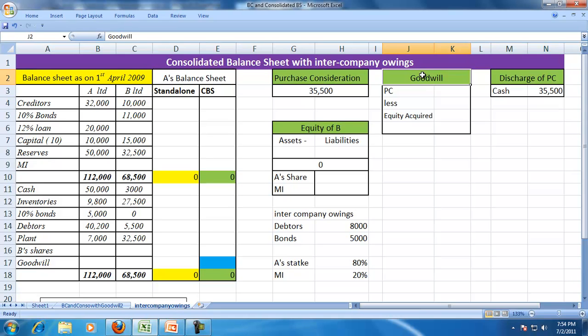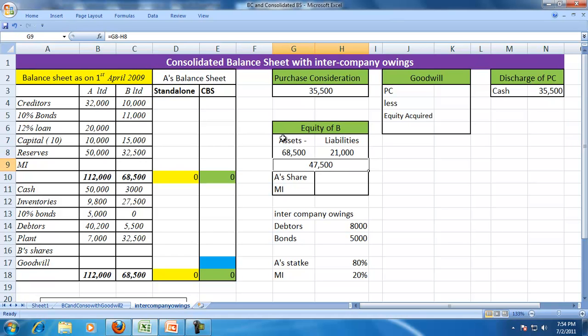But to find goodwill, we need to find the equity of B, and the equity of B is the assets of B. There is no information about the fair value, so we assume the book value to be the fair value. So I'm just adding all the assets minus the liabilities of B. Then liabilities of B are 10,000 plus 11,000.